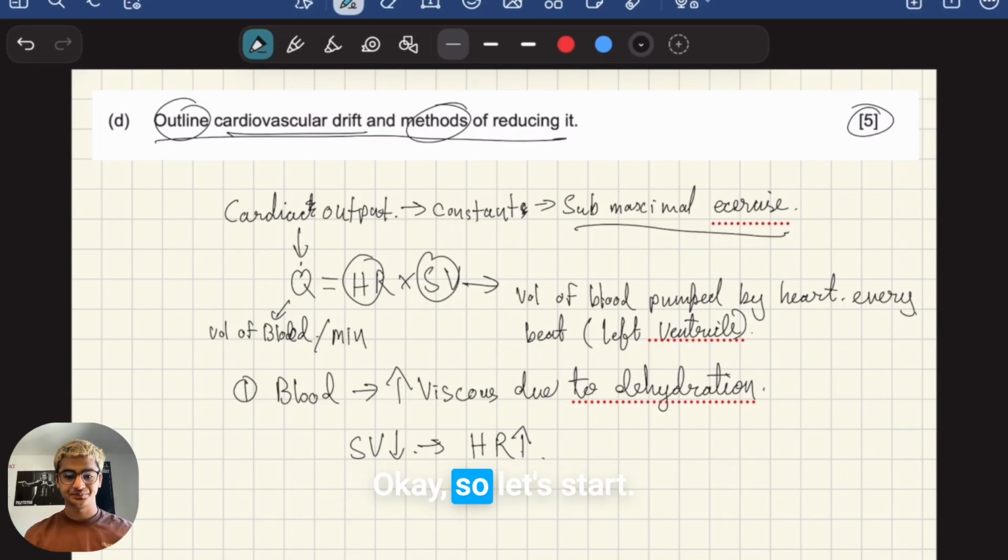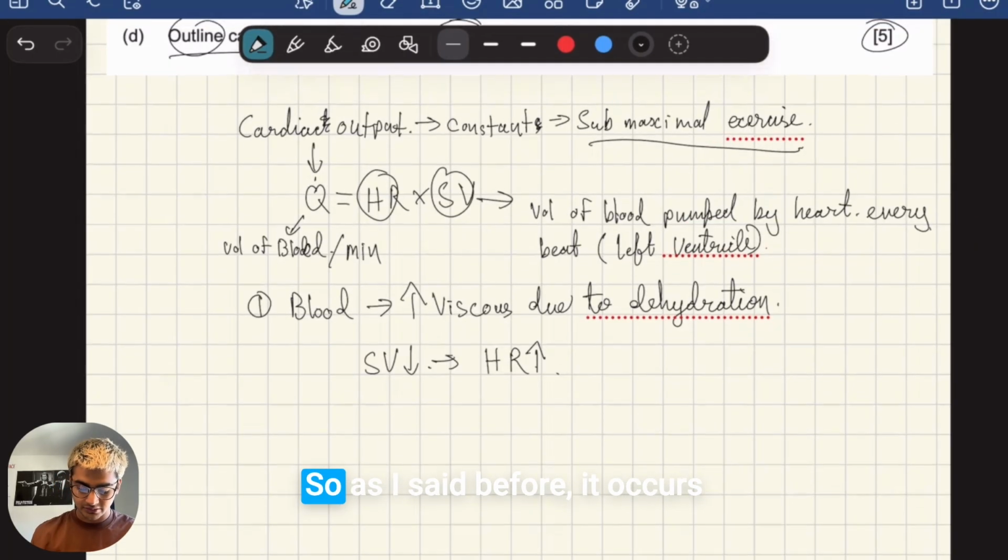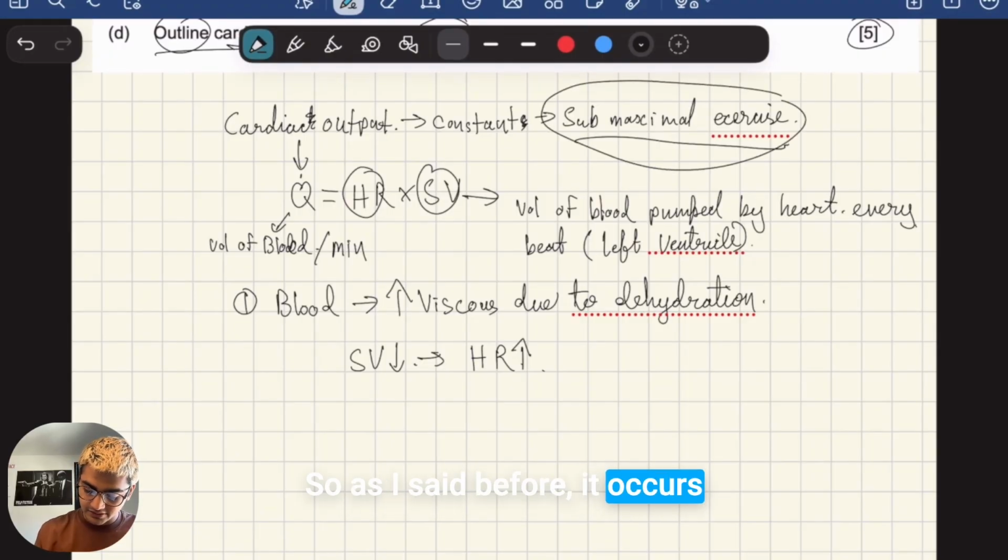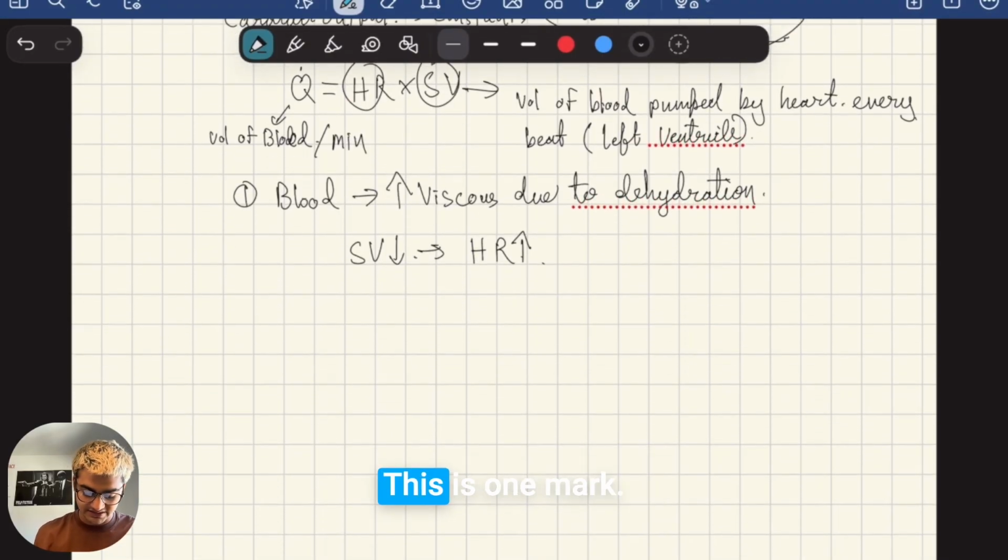Okay, so let's start. So, as I said before, it occurs during submaximal exercise. This is 1 mark.